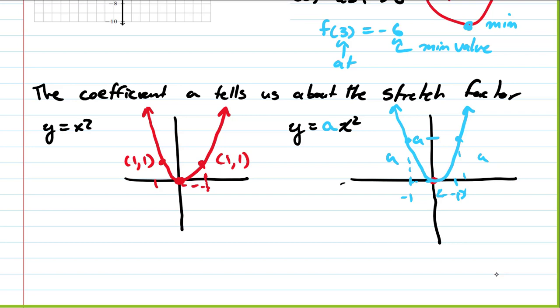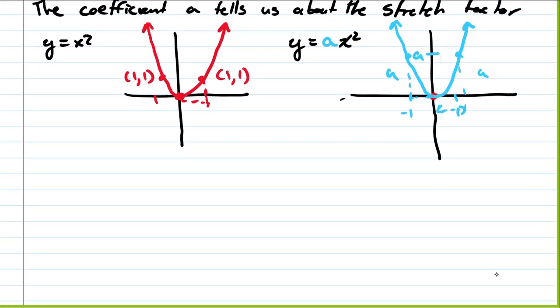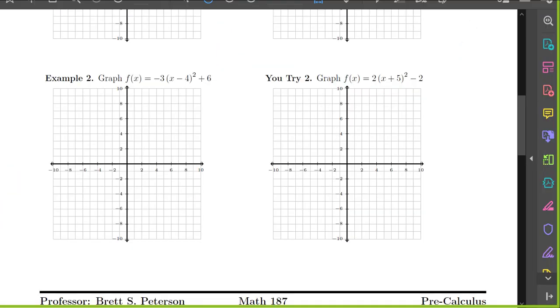And that'll give us the 3 points by which to plot our parabola.